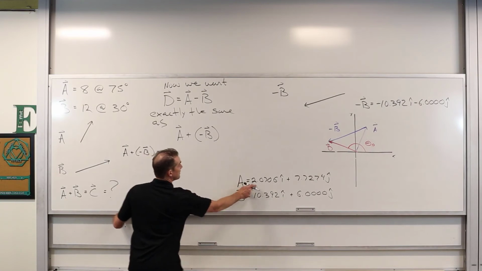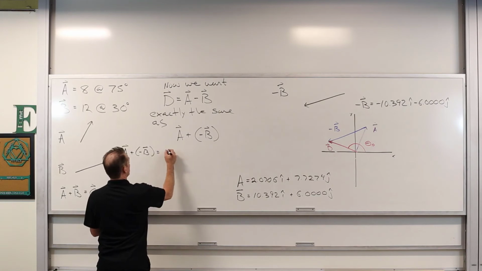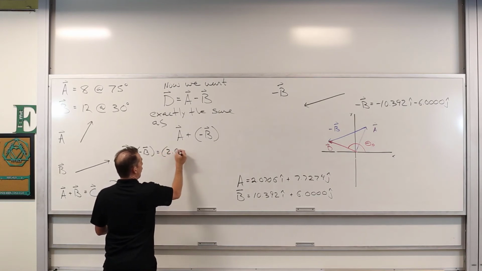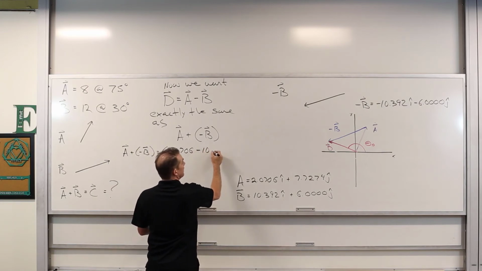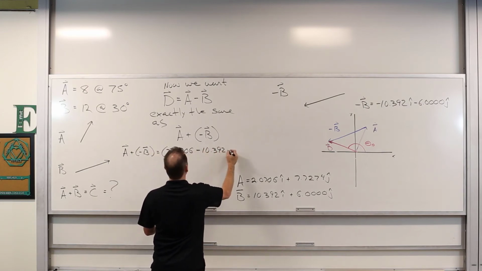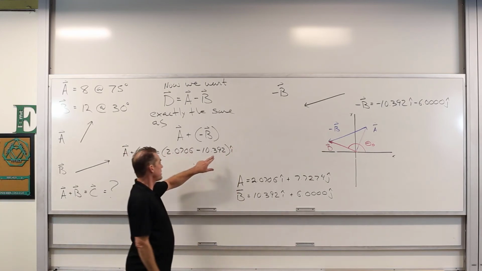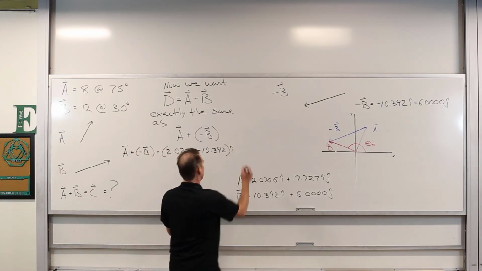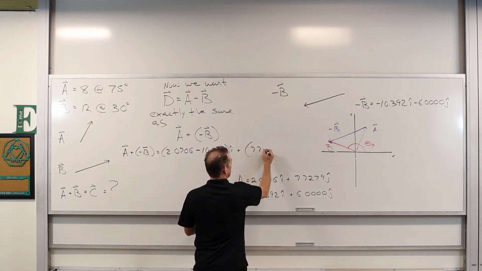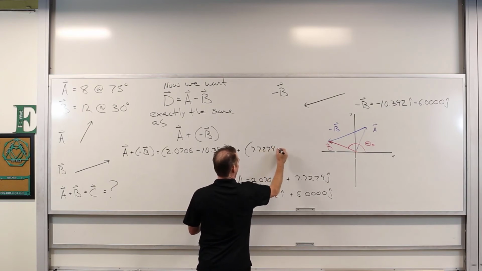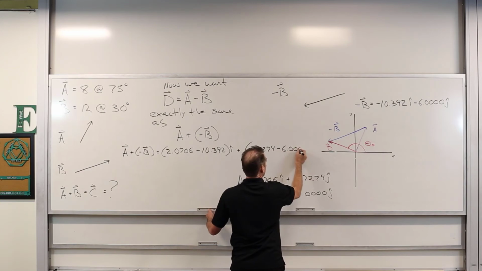We've got 2.0706 minus 10.392 i hat. This is a sub x plus negative b sub x. And we've got a plus 7.7274 minus 6.000 j hat.